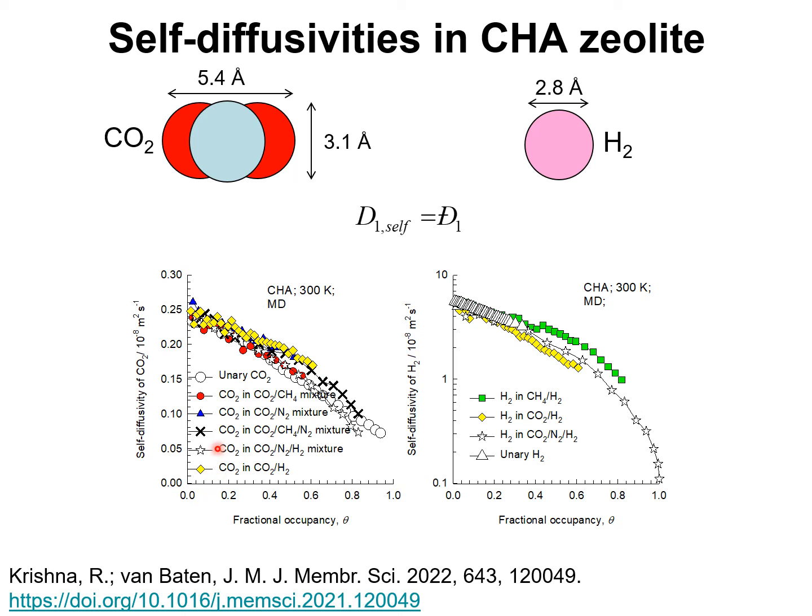Let us examine MD data on diffusivities of CO2 and hydrogen in chabazite zeolite. As shown in the previous slide, these molecules jump one at a time across the narrow 8-ring windows, and the intercage jumps are uncorrelated.